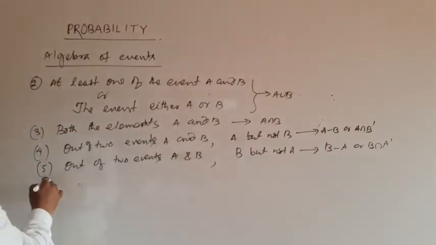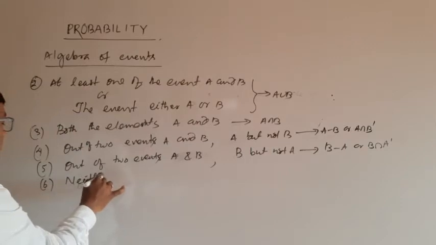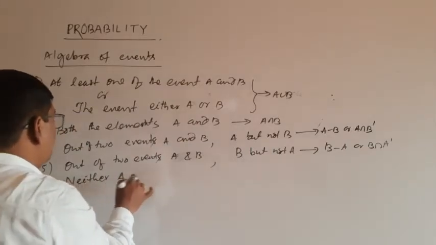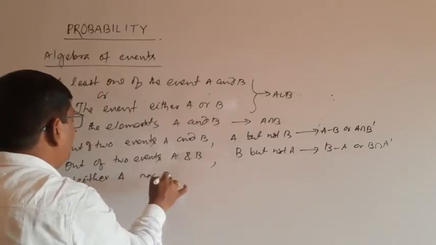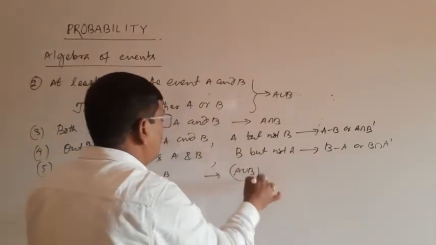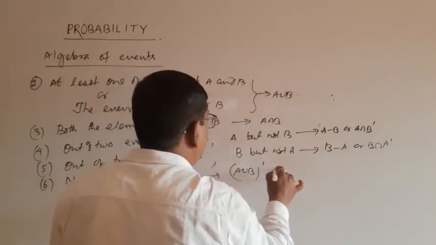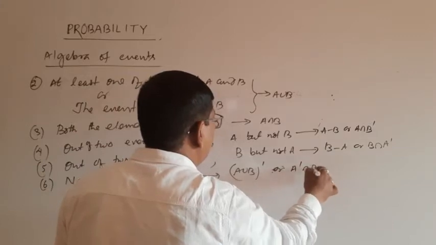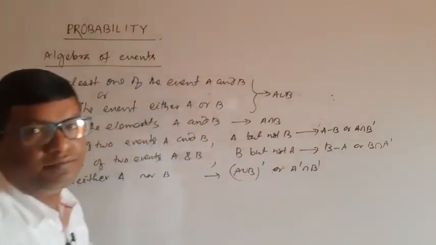Neither A nor B is A union B whole dash, or we can say A dash intersection B dash by De Morgan's law.